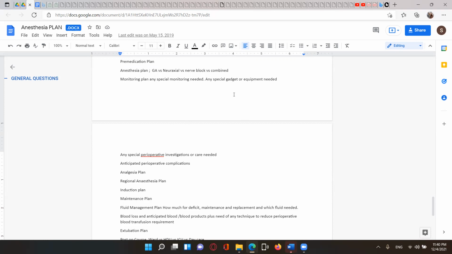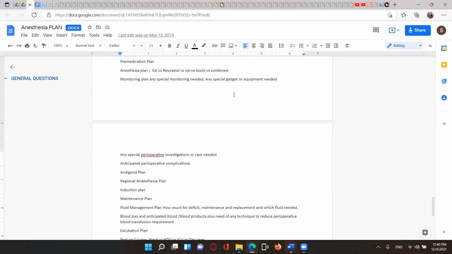For example, invasive blood pressure monitoring, CVP monitoring, cardiac output monitoring, neuromonitoring, point of care INR or ACT or thromboelastography or ROTEM, or blood sugar monitoring, ketone monitoring, urinary dipstick tests.